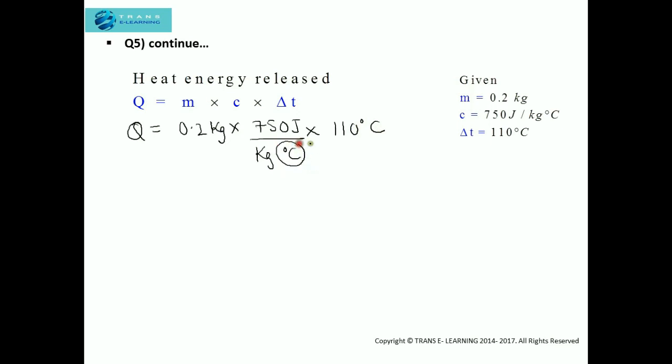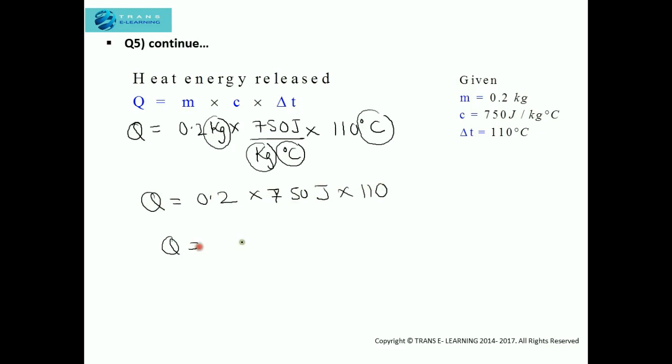So the unit of temperature, degrees Celsius, will get nullified, and the unit of mass, kg, will also get nullified. So the heat energy released will be 0.2 into 750 joule into 110. On solving this, we will get the value as 16,500 joules. So this is the required heat energy released.